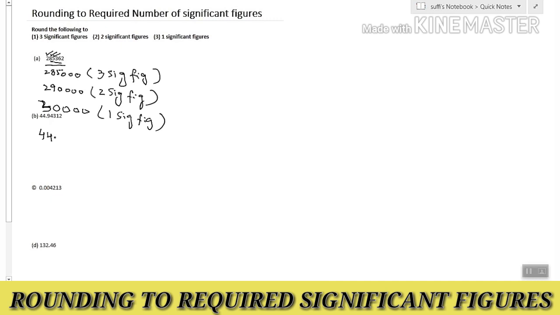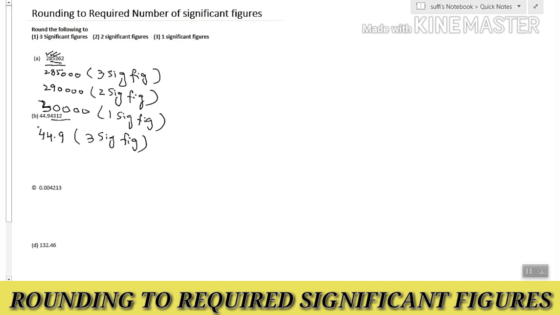And we know that if we write zeros after the decimal point, they will also be counted as significant figures. The digit after 9 is less than 5, so we will simply ignore the rest. We will not write zeros after the decimal point, because zeros after the decimal point are also counted as significant figures. So it has been rounded to 3 significant figures.